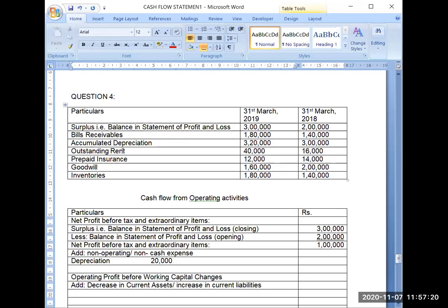Then you can see outstanding rent, it is a current liability. Prepaid insurance, it is a current asset. Goodwill, it is an intangible asset. But you can see the goodwill balance last year was 2 lakh, and in the current year the balance of goodwill is 1,60,000. Why has it been reduced? Just think over the reason. Why has it been reduced by 40,000?